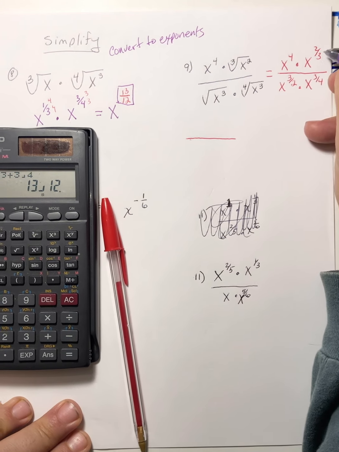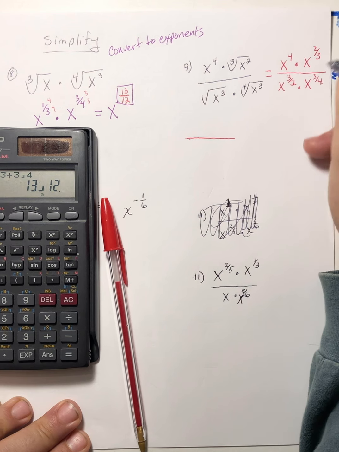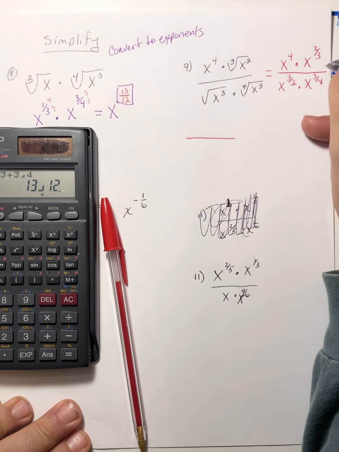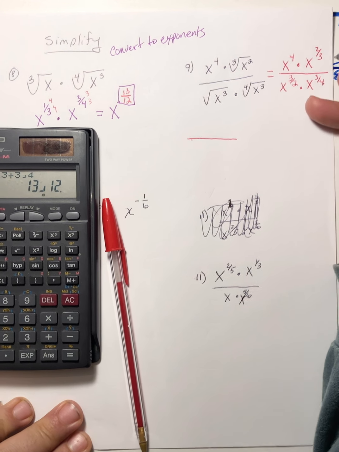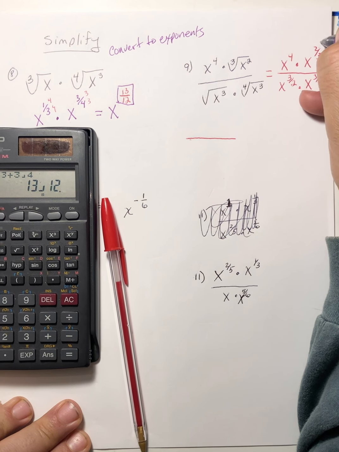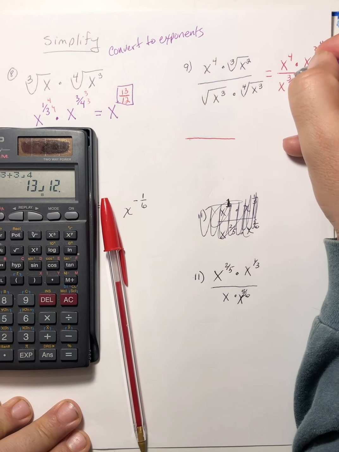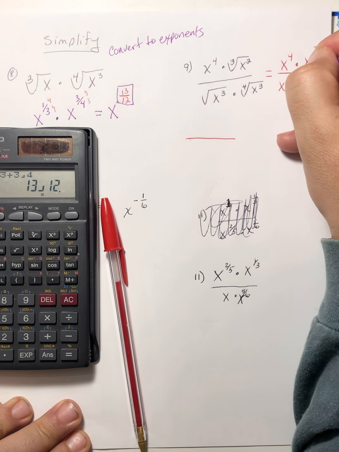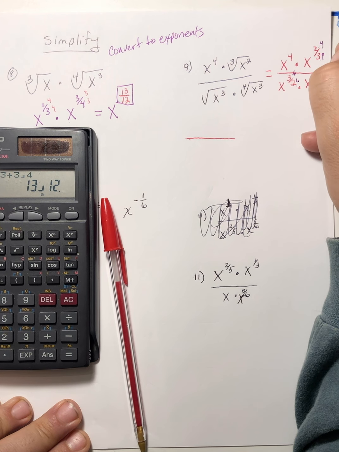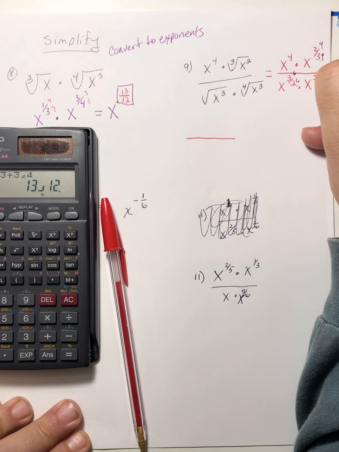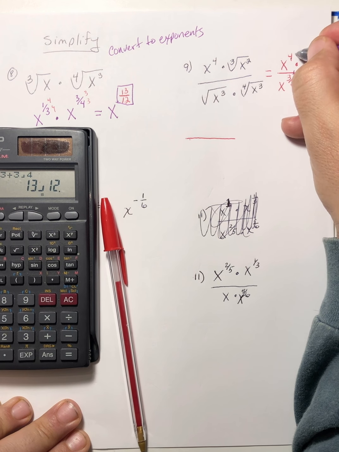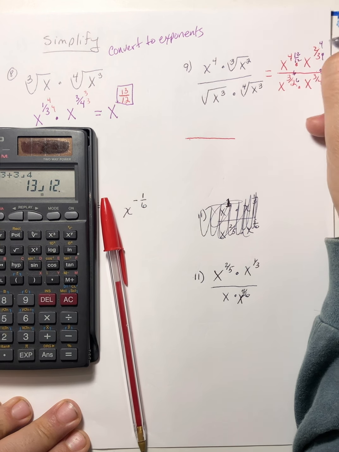Let's see. My denominators are a 2, a 3, and a 4. So that's right. We're going to use 12 as a common denominator. So I'm going to multiply this one top and bottom by a 4. This top and bottom by a 6. This top and bottom by a 3. That's right. Going to multiply top and bottom by a 12.